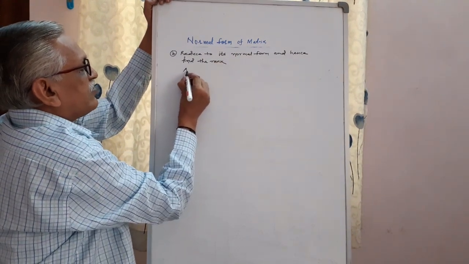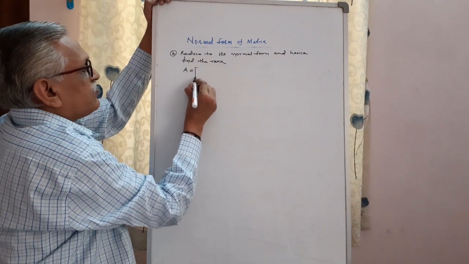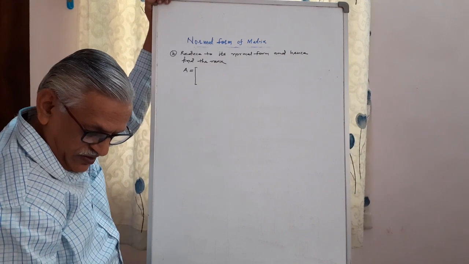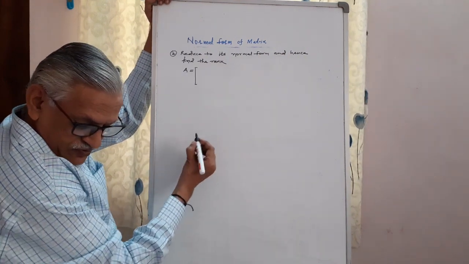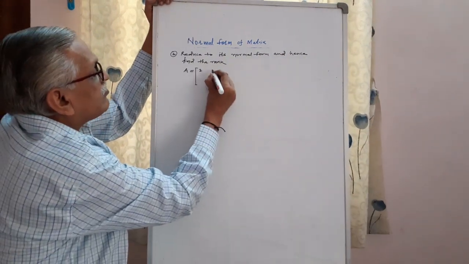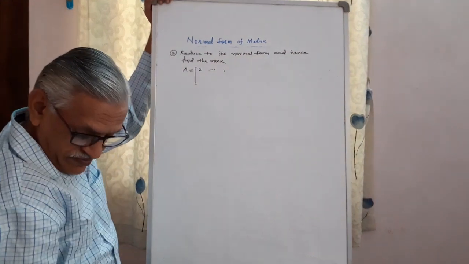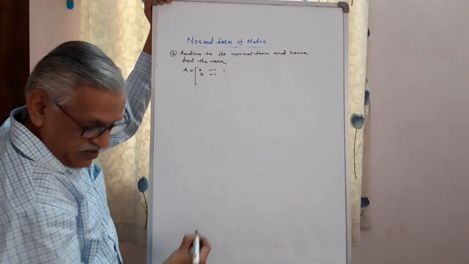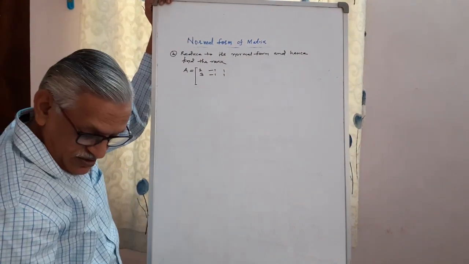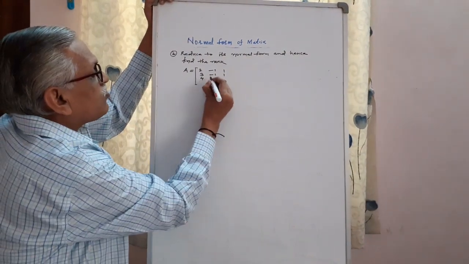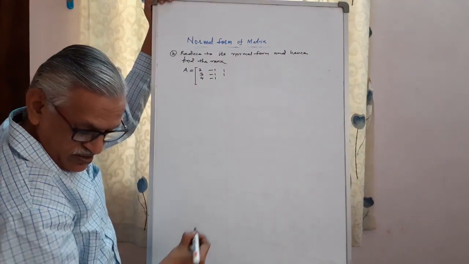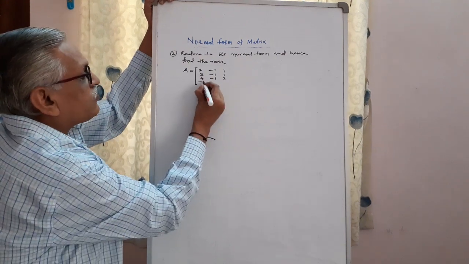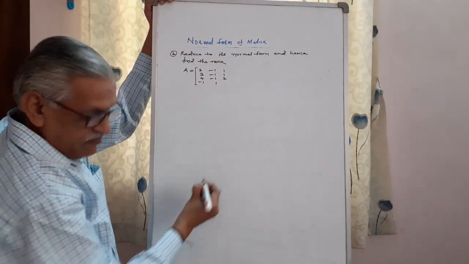For the matrix A, the elements are 2 -1 1, 3 -1 1, 4 -1 2, -1 1 -2.